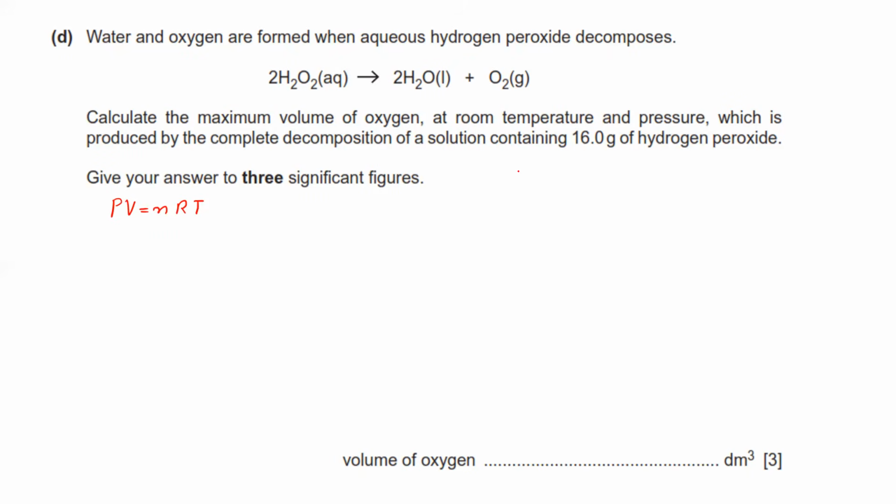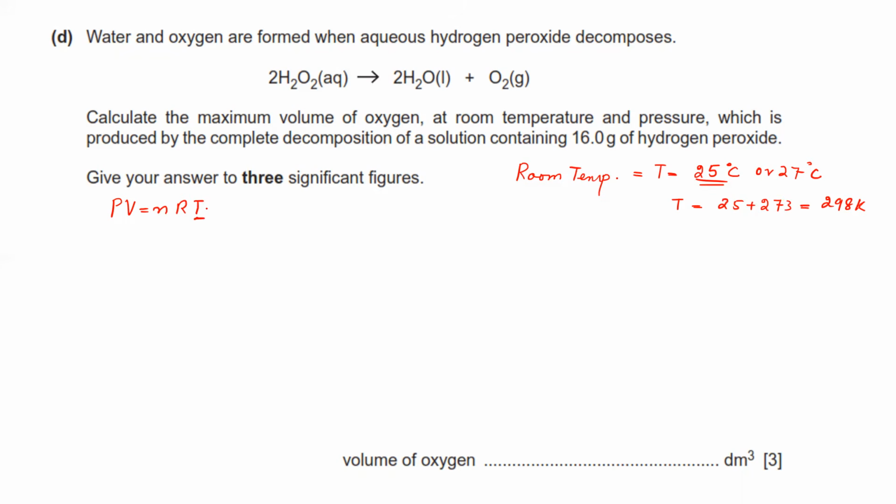So at room temperature, it's good to have this temperature as 25 degrees C or 27 degrees C. A good value is 25. So 25 degrees C, so the temperature is 25 plus 273, and this comes out to be 298 kelvins. This is the temperature in kelvins we have.